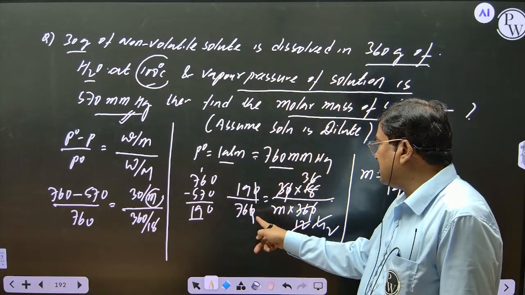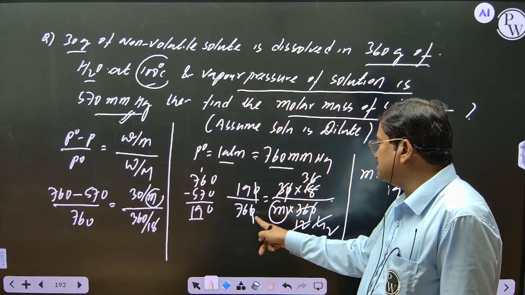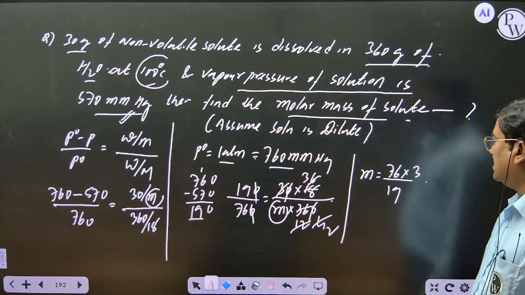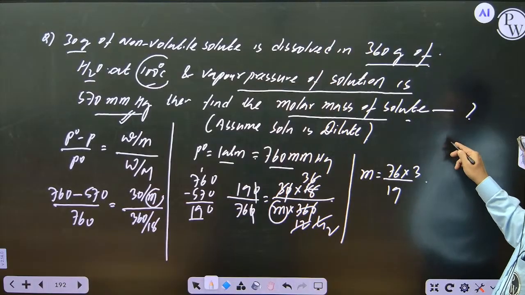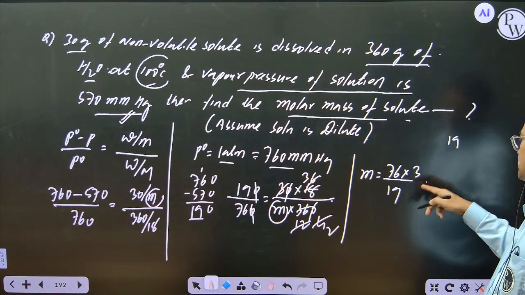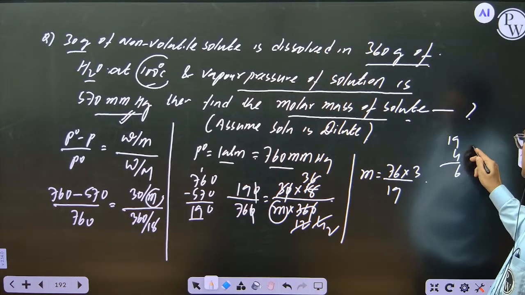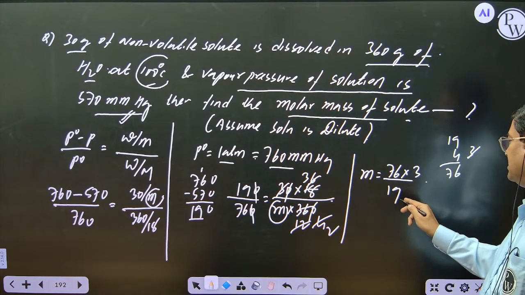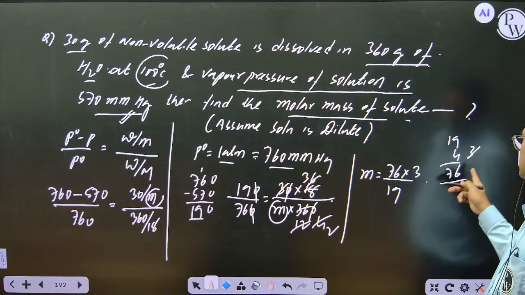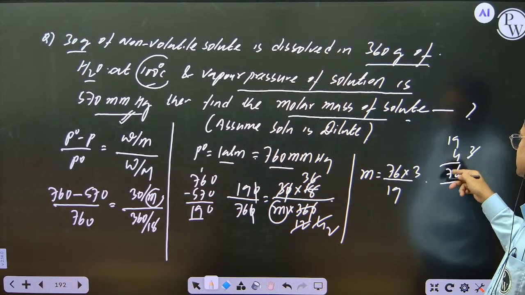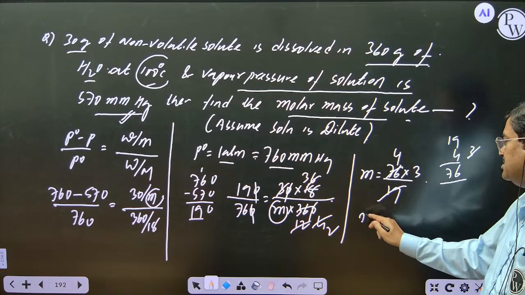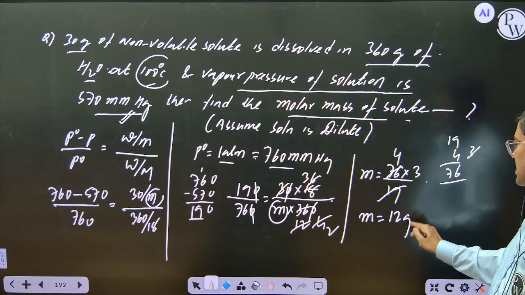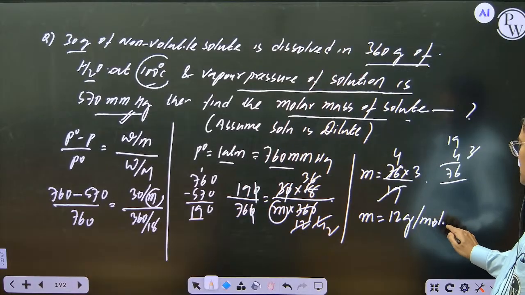On simplification, M is to be found now, 76 into 3 upon 19. Now any cancellation? 4 nines are 36, 4 nines are 76, so it will cancel 4 times. So 4 into 3, what will be the molar mass? 12 grams per mole. This will be the molar mass of the solute.